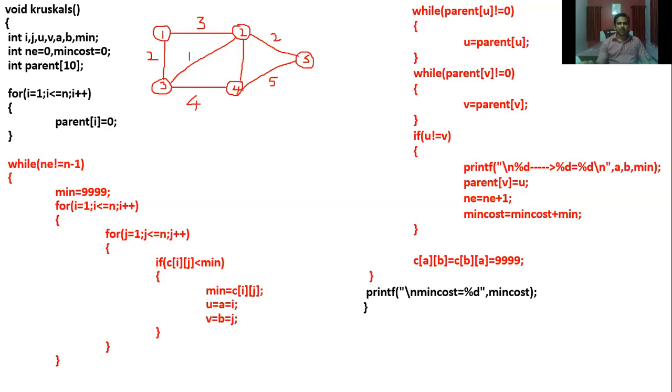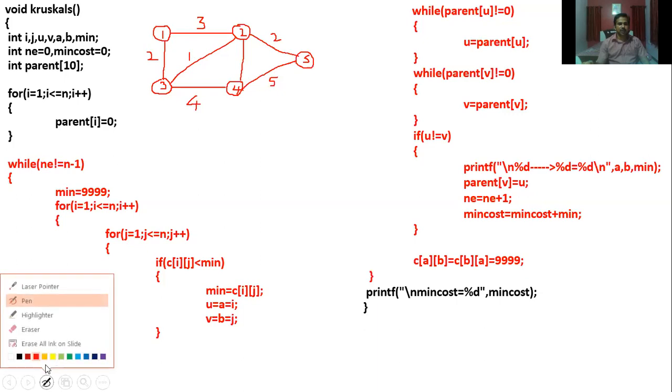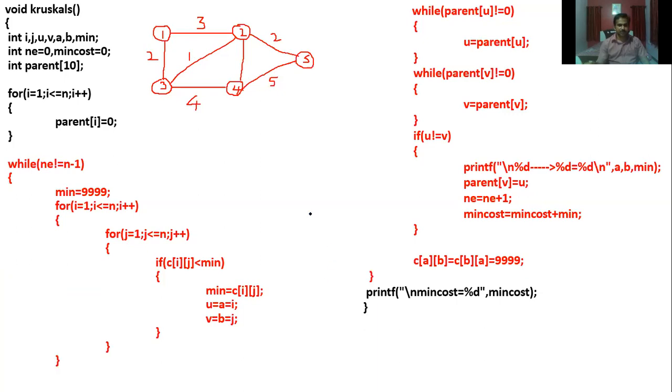I'm supposed to consider the input here. I mean to say that the representation of this graph, I'm supposed to do in the form of an adjacency matrix. So in short, I'll write it here. 1, 2, 3, 4, 5.